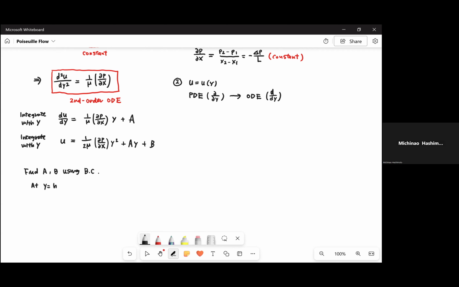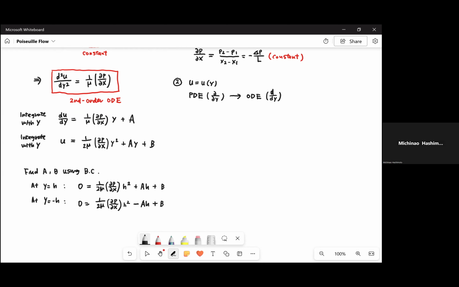At y equals h, 0 equals 1 over 2 mu dp dx h square plus ah plus b, and at y equals minus h, 0 equals 1 over 2 mu dp dx h square, coming from the negative h squared, minus ah plus b.